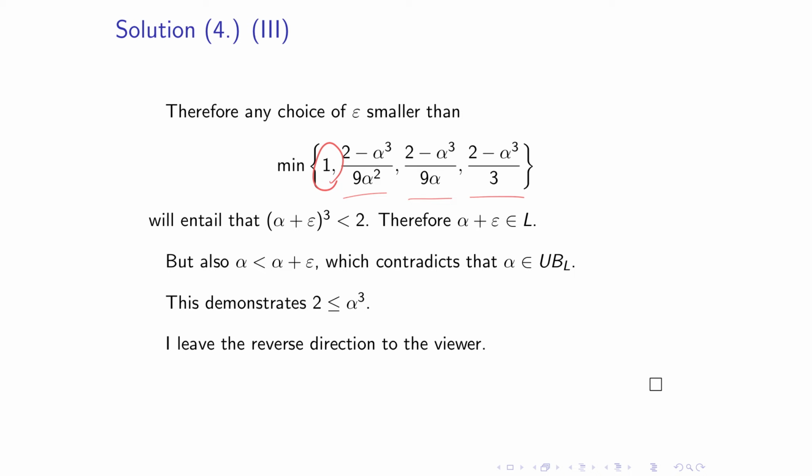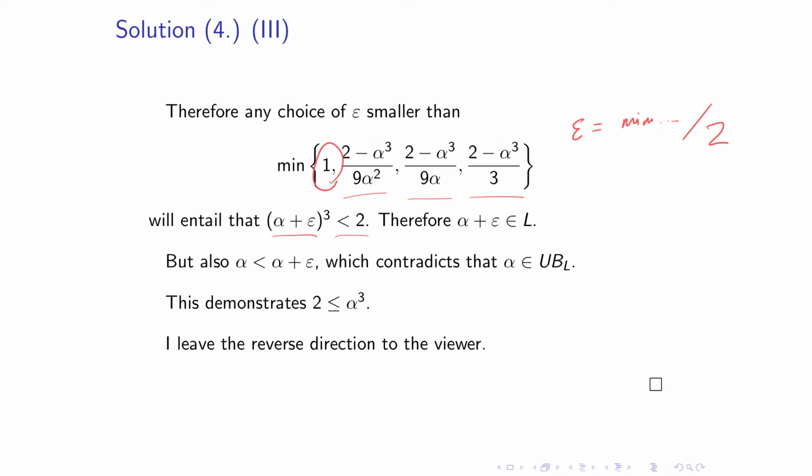So we can choose any number smaller than this minimum. If you want to, you could take epsilon to be equal to this minimum divided by 2. Anything like that will get you a quantity that is smaller and still positive. Once we have chosen epsilon in that way, because of everything that we've discussed so far, it will become very clear that alpha plus epsilon cubed will again be less than 2.